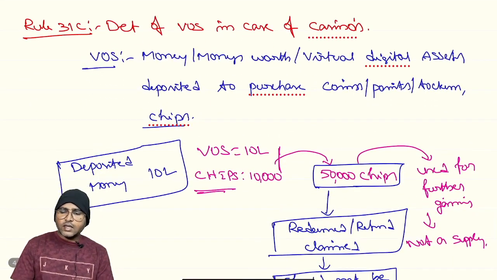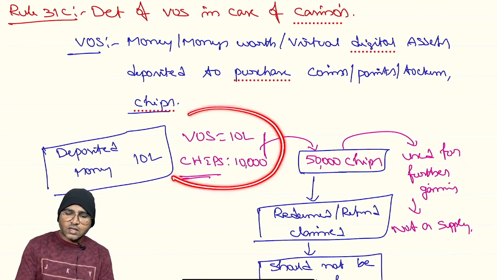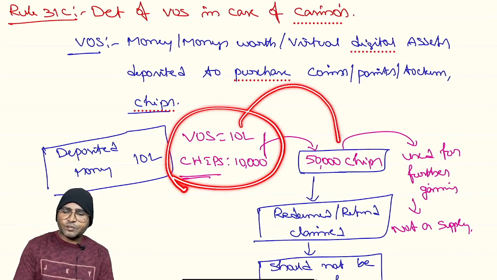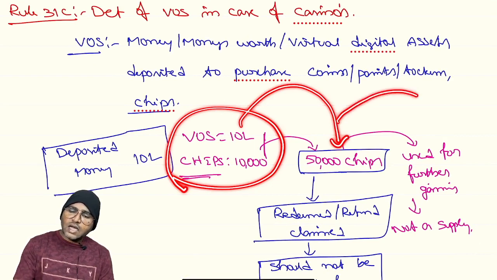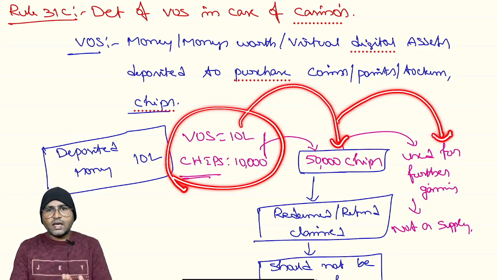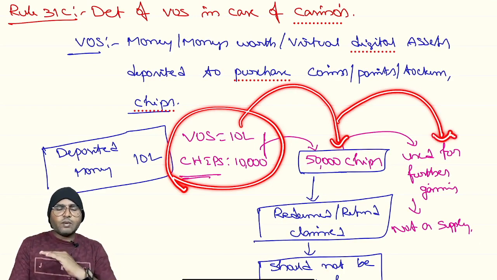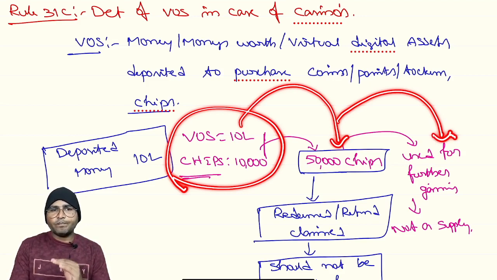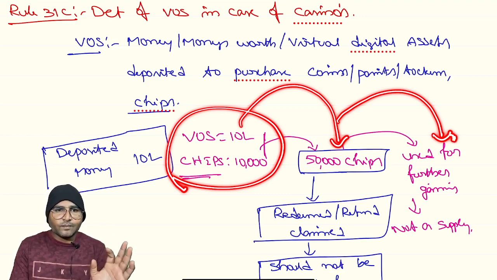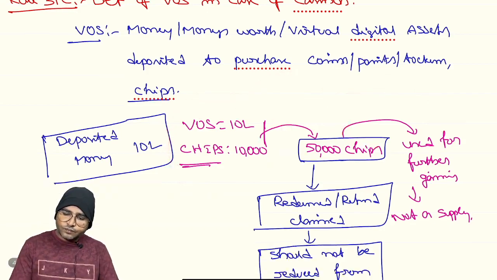Even in a casino, suppose we purchased 10,000 chips and the 10,000 chips became 50,000. With those 50,000 chips, we go for further gaming. For further gaming purposes, it won't be treated as a supply. If you are purchasing fresh chips, tokens, coupons, etc., then only it will be treated as a supply. Are you clear?